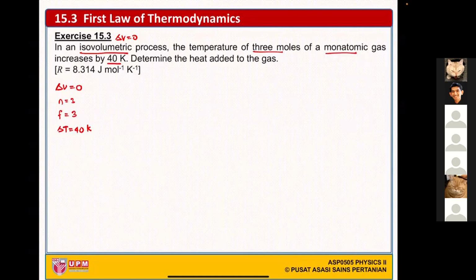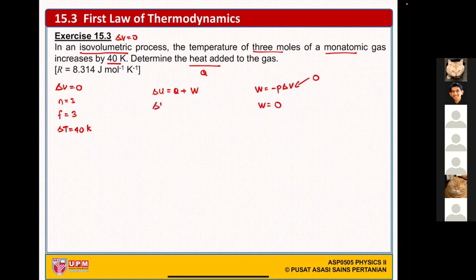Alright. So determine the heat added to the gas. Dia suruh cari Q. Jadi macam ni kita nak kira Q. Balik kepada konsep the change in U is equal to Q plus W. Dalam konsep ni dia adalah isovolumetric. Bila dalam konsep isovolumetric, work sama dengan negatif P, the change in V. So since the change in V adalah sama dengan 0, work adalah sama dengan 0.